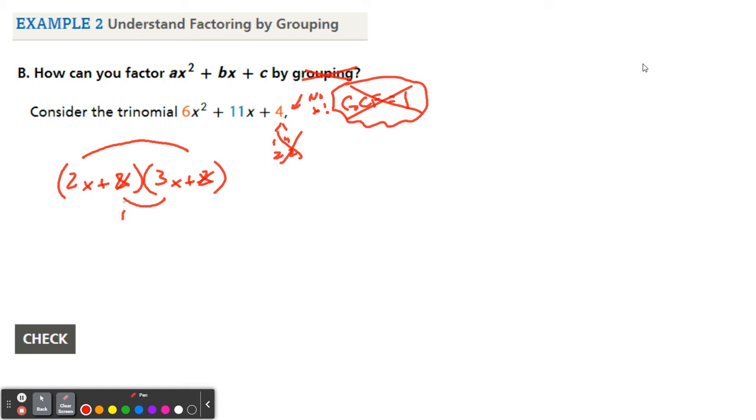Let me erase so I can put them in the spots. This is probably not how I'll do it the rest of the way, but this is just showing some people. 2 times 4 is 8. 1 times 3 is 3. 8 and 3 is 11. So boom, I'm done. That's my answer.